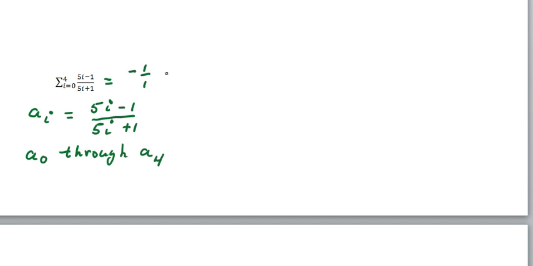When i equals 1, we'll have 5 minus 1, or 4, in the numerator, and 5 plus 1, or 6, in the denominator. When i equals 2, we'll have 10 minus 1, or 9, over 10 plus 1, which is 11.